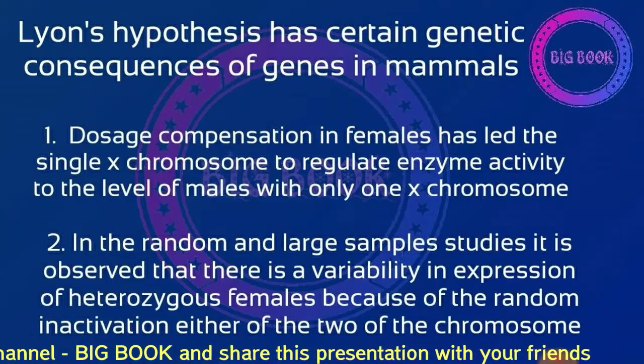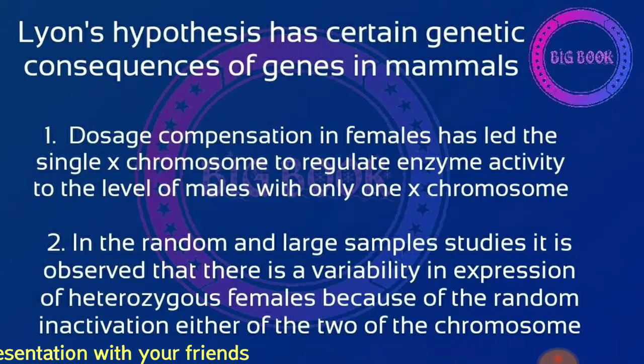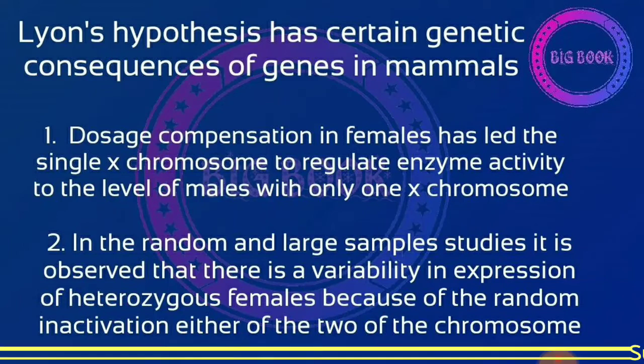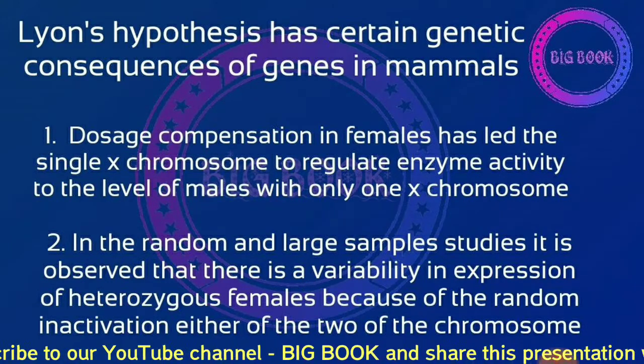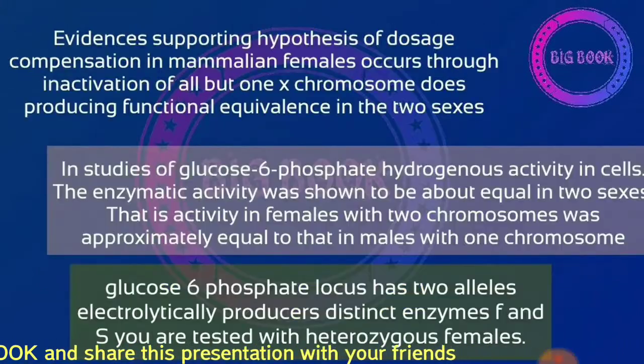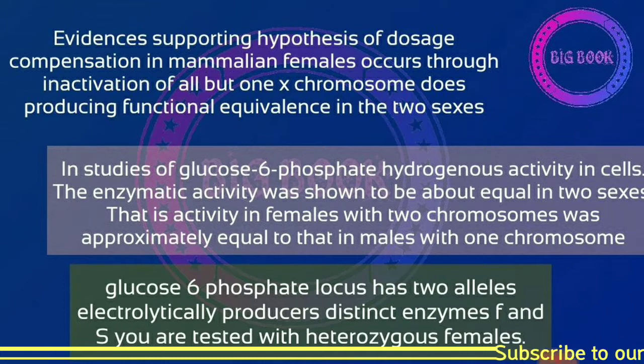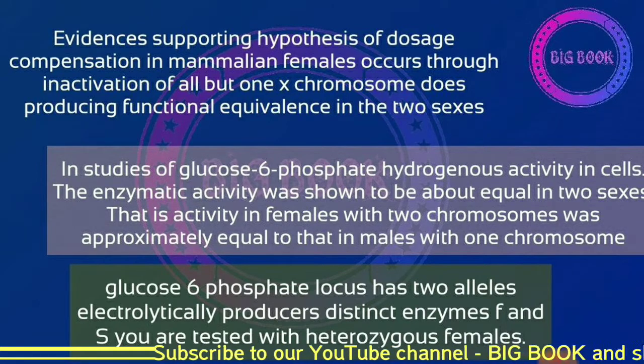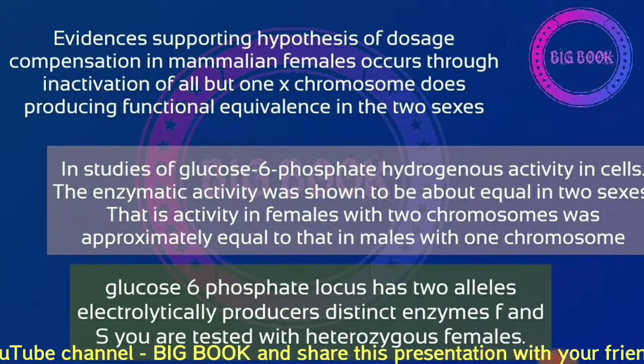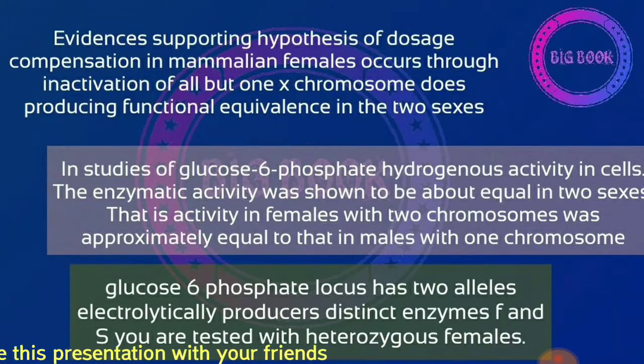In random and large sample studies, it is observed that there is variability in expression of heterozygous females because of the random inactivation of either of the two chromosomes. Evidence supporting the hypothesis of dosage compensation in mammals: in females it occurs through inactivation of all but one X chromosome, thus producing functional equivalence in the two sexes.